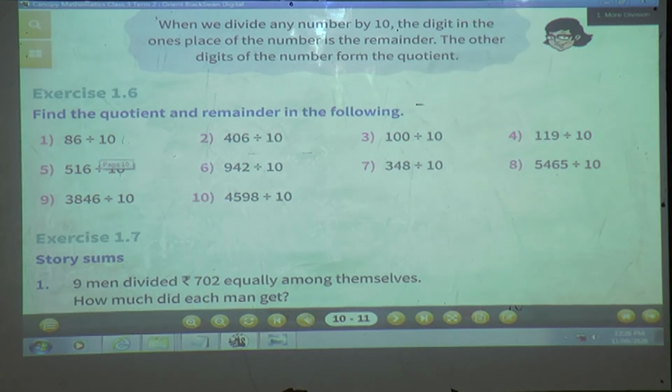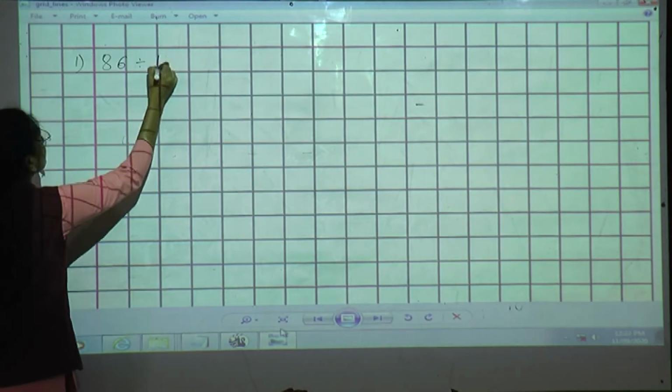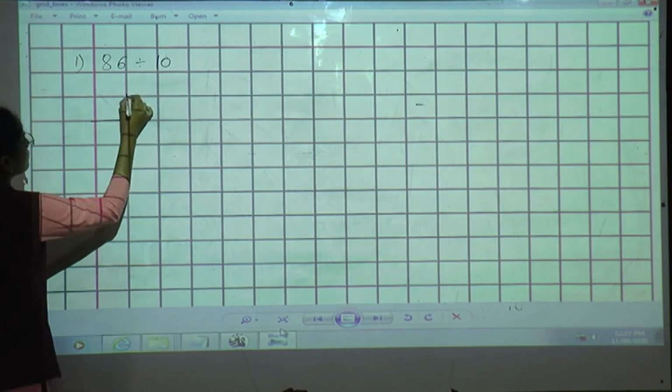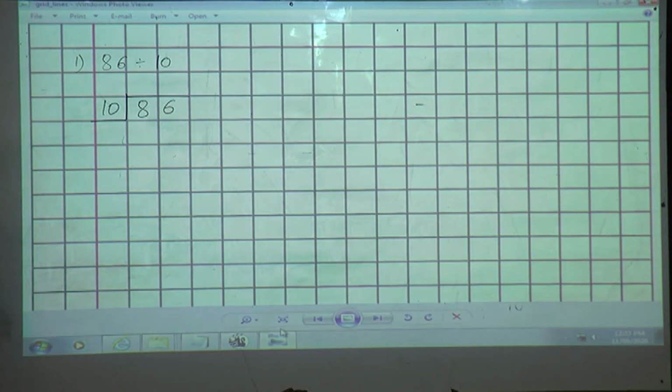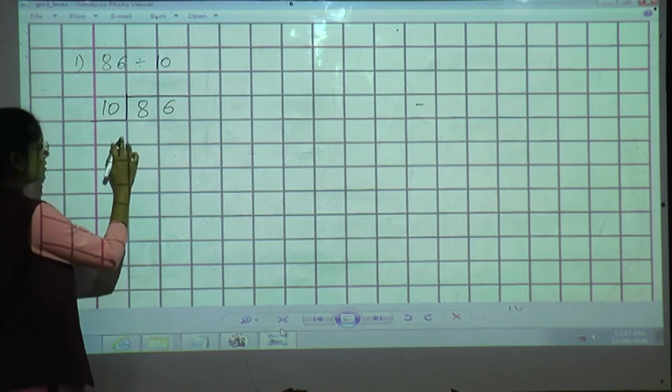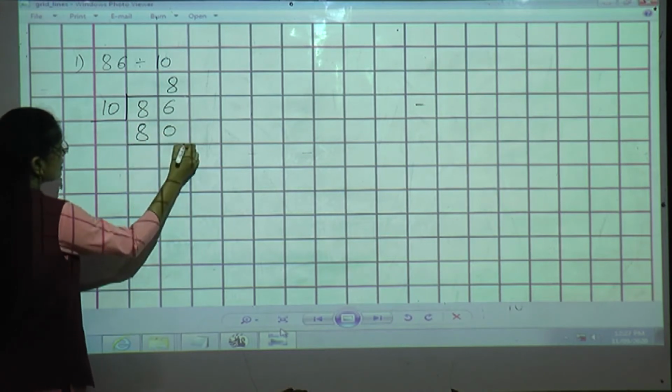Let us solve this example. In the table of 10, 86 is not there, so we find a number smaller than 86. 10 eights are 80.